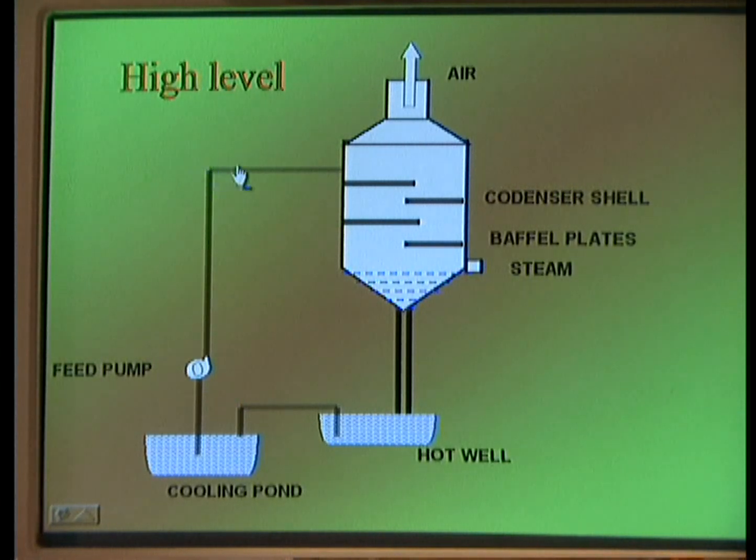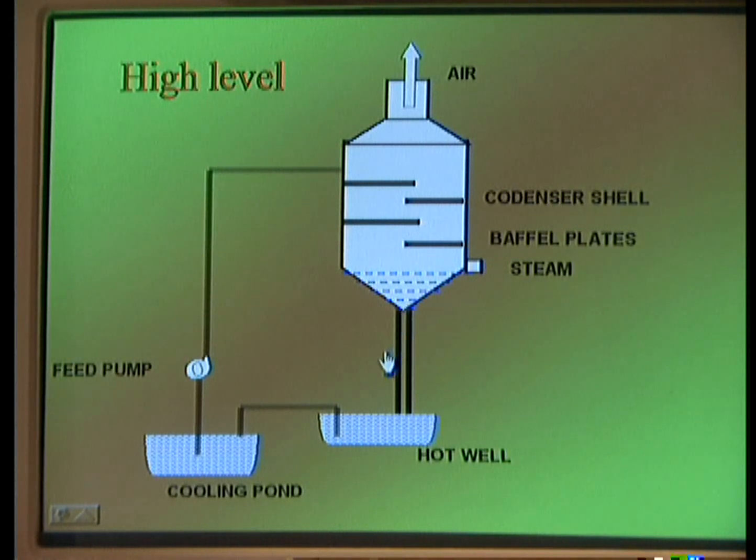The water enters at the top and flows downwards. While the steam rises and the water comes downwards, mixing takes place. Then the water takes the latent heat from the hot steam and forms condensation.